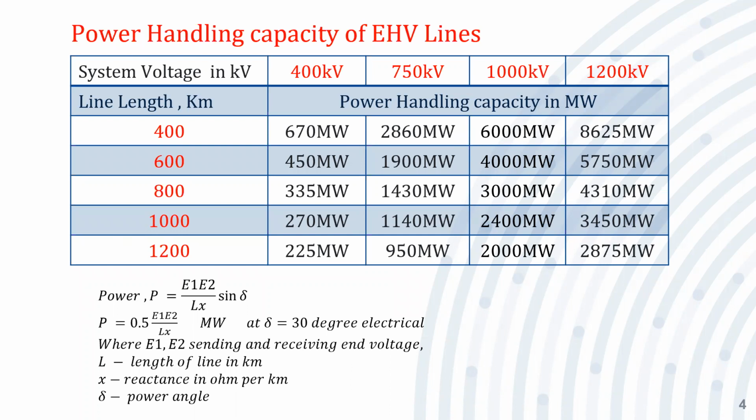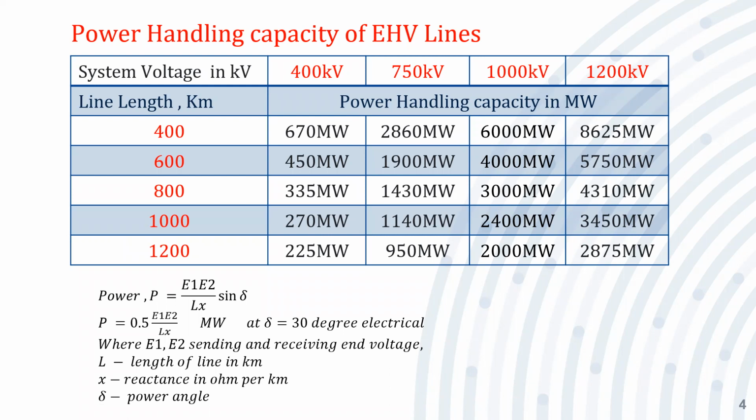The power handling capacity, or steady state stability, is limited by the transmission line reactance, which is given by the equation P = E1 E2 / (L X) sin delta, where L is the length of the transmission line in kilometers and X is the reactance per kilometer.